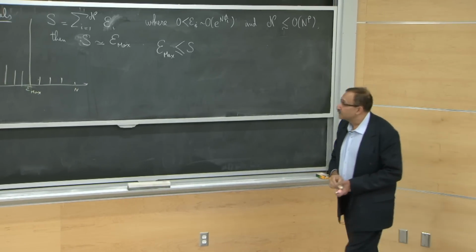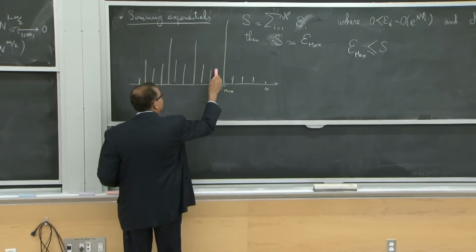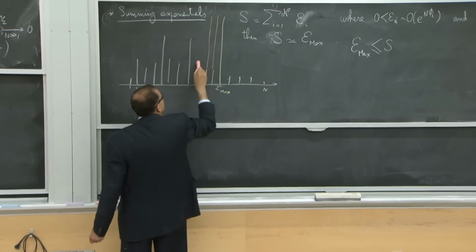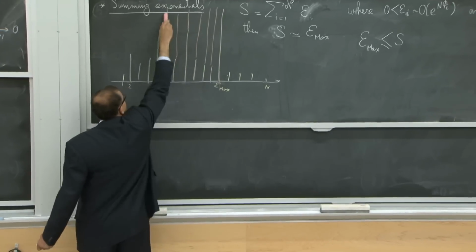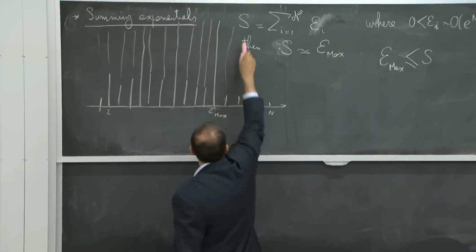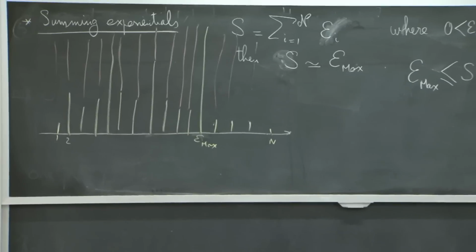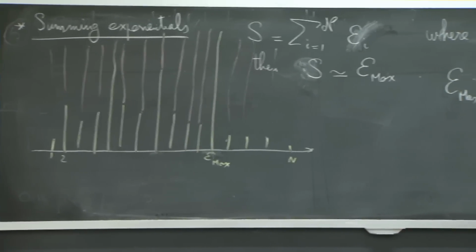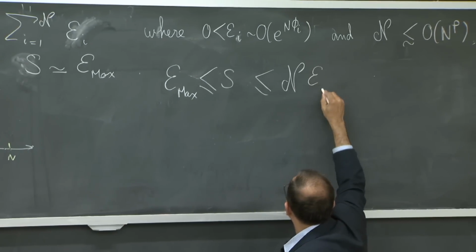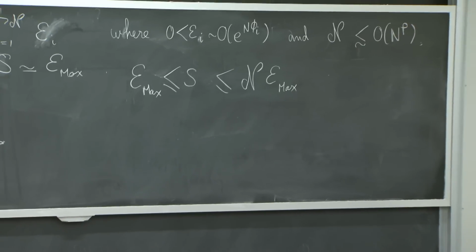I say, fine, what I'm going to do is raise the length of everybody else to be the same thing as epsilon max. And then the sum is certainly less than this artificial sum where I have raised everybody to epsilon max. Okay?